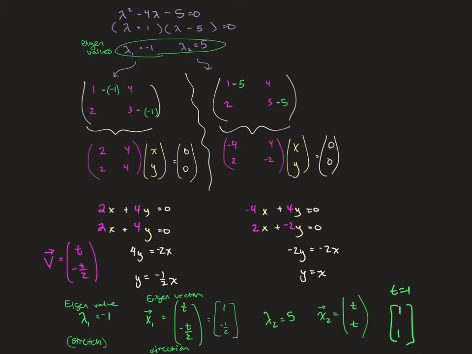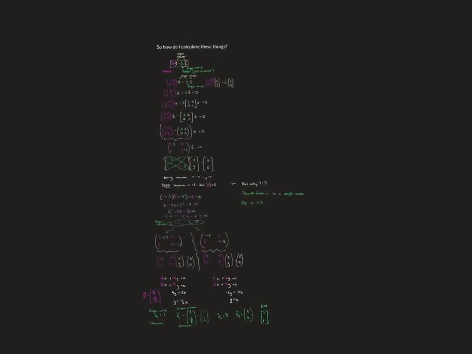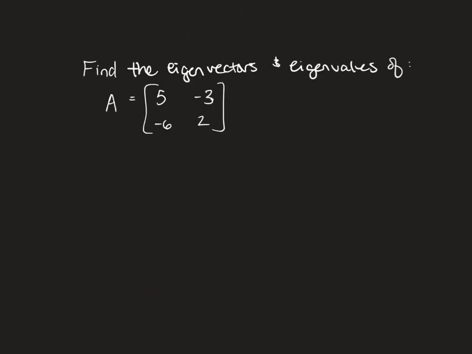Okay, that's a lot, and you don't have to do all of this every single time. I'm going to do a quick example on the next page. Find the eigenvectors and the eigenvalues of this. First thing I'm going to do is set up the characteristic equation, where you've got 5 minus lambda, -3, -6, and then 2 minus lambda.